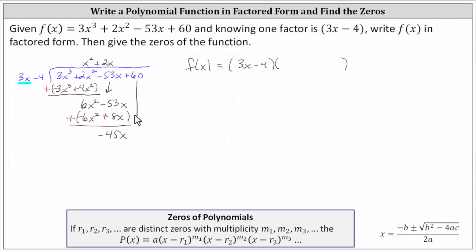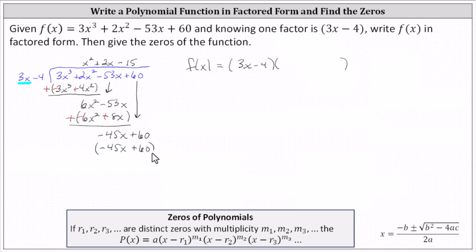And then we bring down the last term, so we have plus 60. And now we need to determine what times 3x equals negative 45x, which is negative 15, which is the next term in the quotient. And now we multiply negative 15 times the divisor, which gives us minus 45x plus 60.